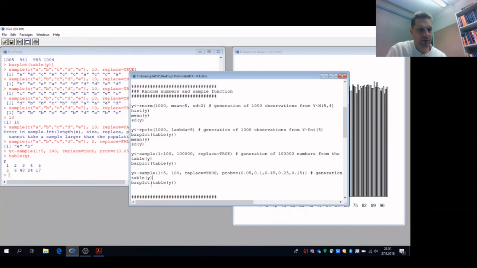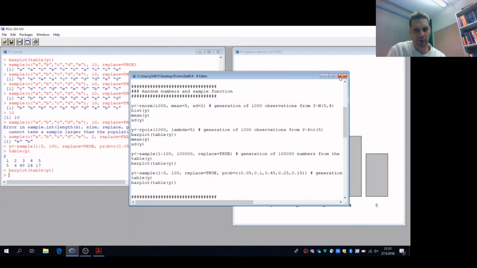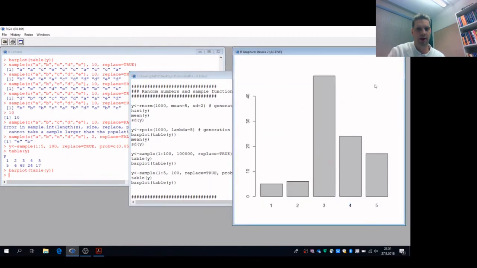So that's of course interesting and good to understand. And then the bar plot shows us the frequencies of our generated data vector.